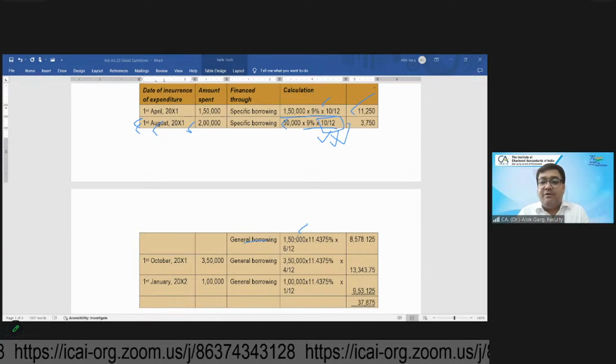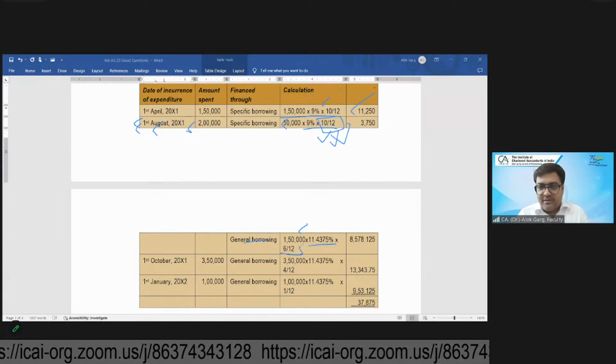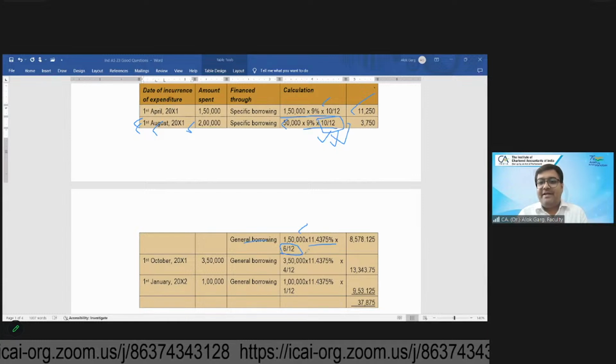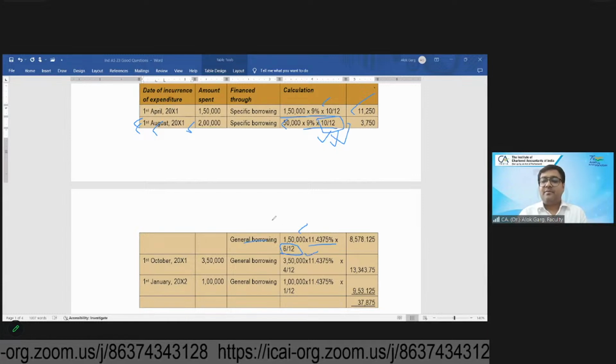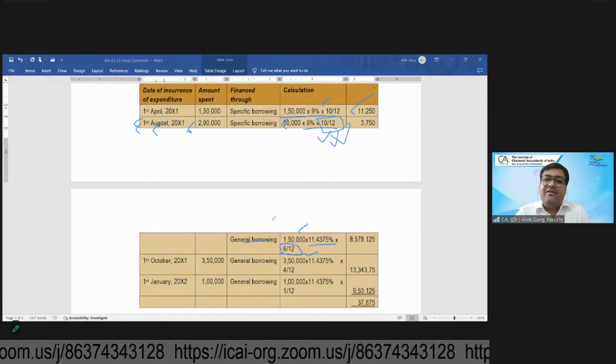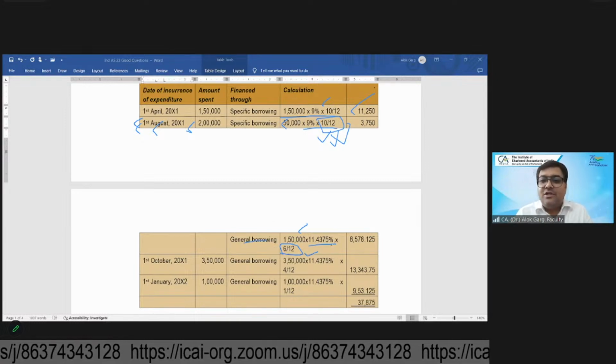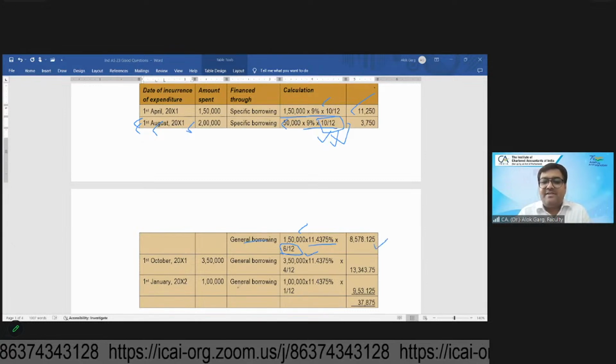But for general borrowing, 1.5 lakh multiply by 11.44%, and the period is only 6 months, from 1st August to 31st January, correct? So we have calculated for 6 months.